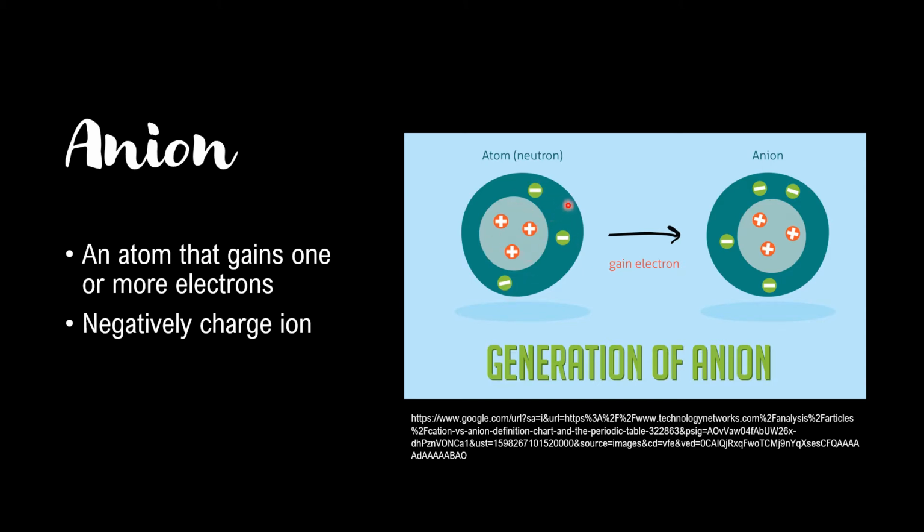Now, when this atom gains one more electron, it now becomes an anion or a negatively charged ion because if we add all of this, it now has a negative 1 charge. So this is how an anion is generated.